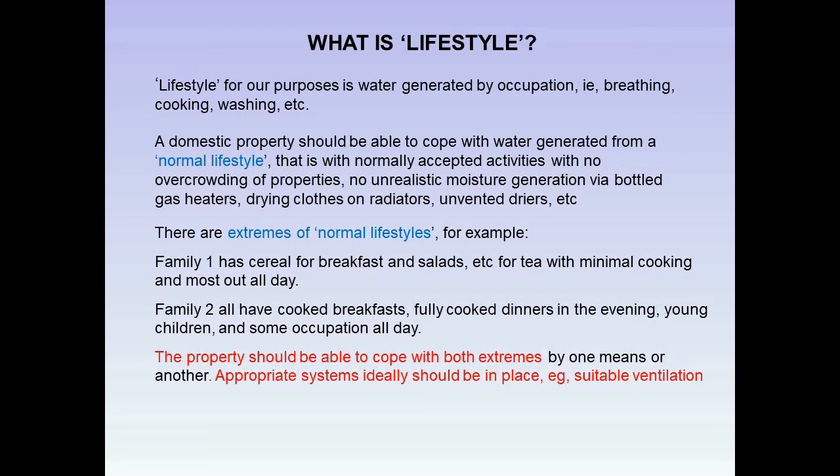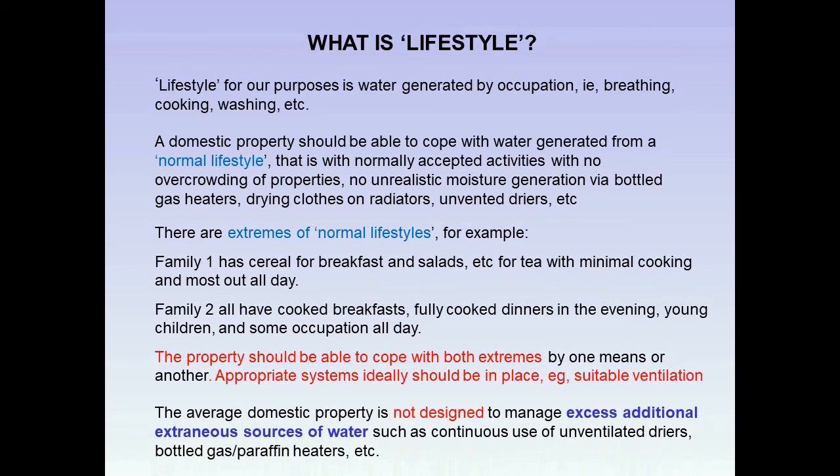The property should be able to cope with both extremes by one means or another, and appropriate systems should be in place to allow this. The average domestic property is not designed to manage additional extraneous sources of water, such as from paraffin heaters or continual use of unventilated dryers.